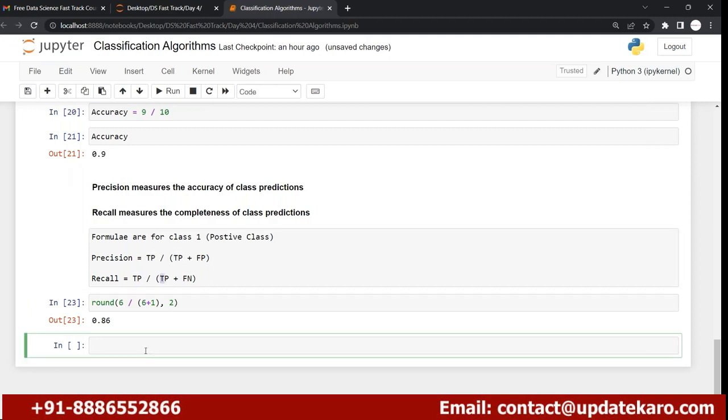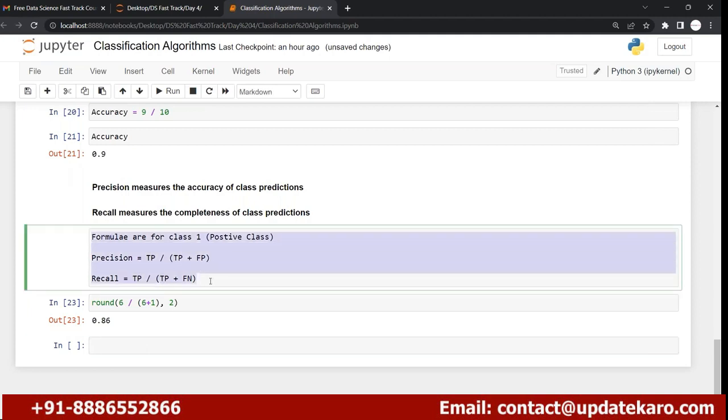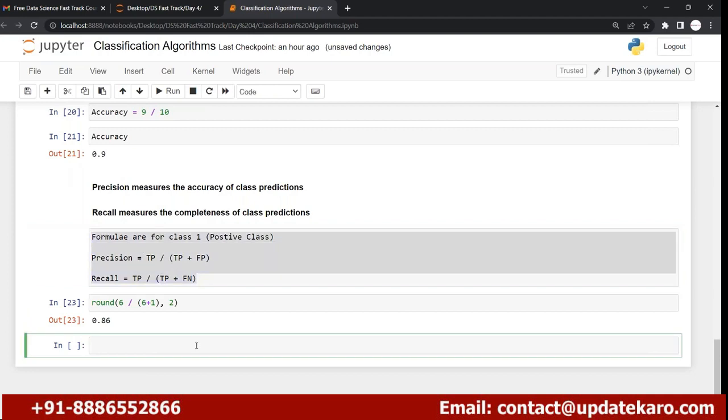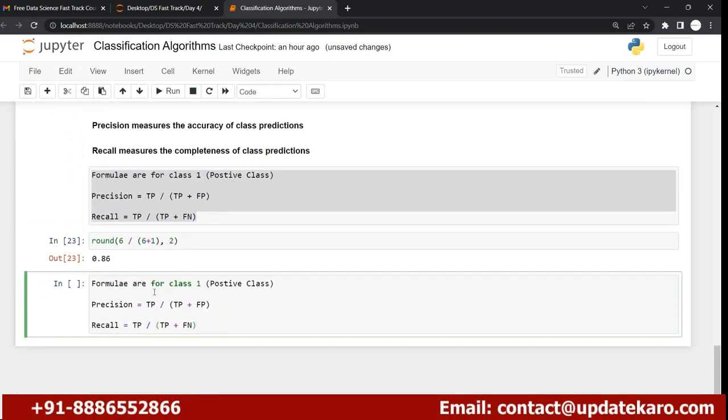If you wanted to find the formula for class 0, or in short your negative class, here just add the true negative. True negative, and this is also false negative, not the false positive.